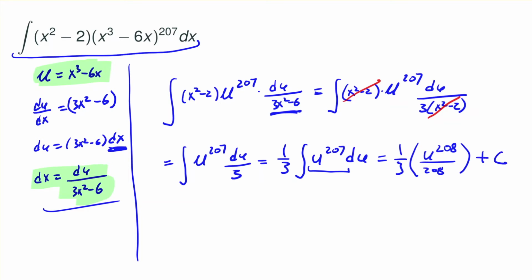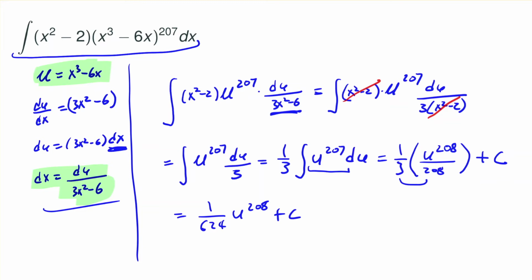Since it's an indefinite integral, we must write plus c. So our final answer is, we can multiply these two numbers, we'll get 624. 1 over 624, u to the 208 plus c.